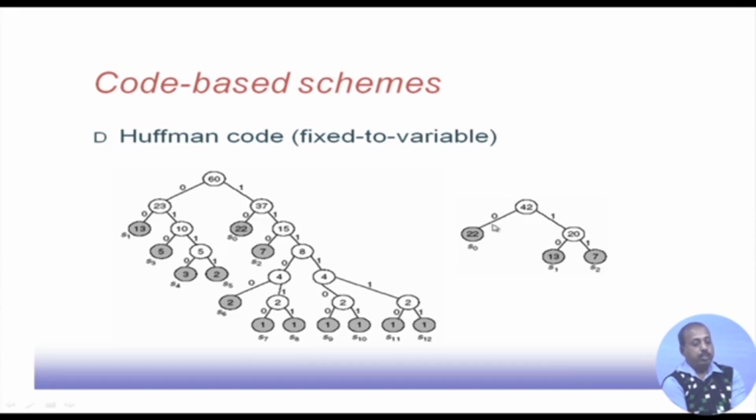Now, the code of S0 is given by 0, so only 1 bit coding is sufficient for S0. Previously S0 required 2 bit coding, 1 and 0, now it requires only 1 bit.